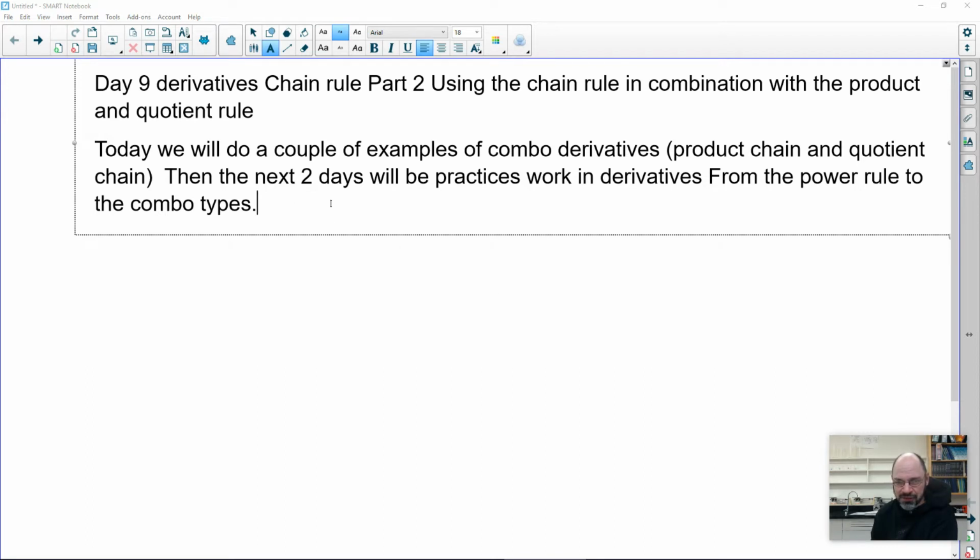And then in the next 2 days, in day 10 and 11, there is a sheet, and I'll do a small video on day 10 and 11 that goes through all the derivative stuff that we've done since the power rule up to the combos. So it takes into account the power rule, the product rule, the quotient rule, the chain rule, and then combinations.